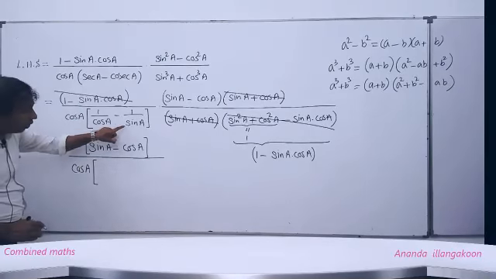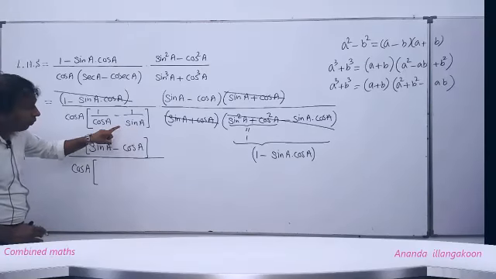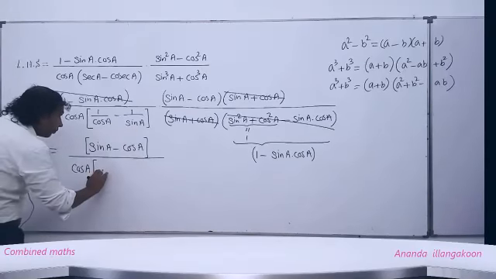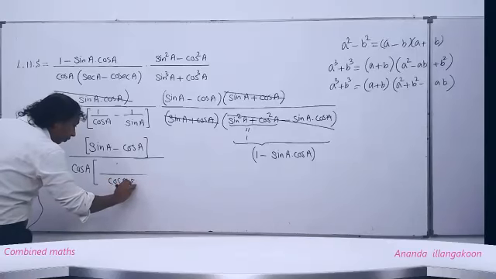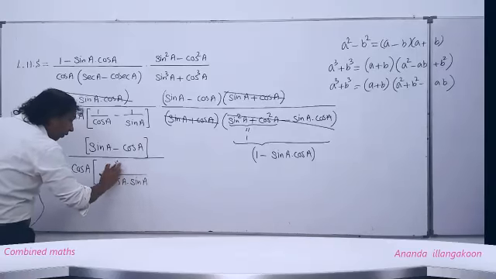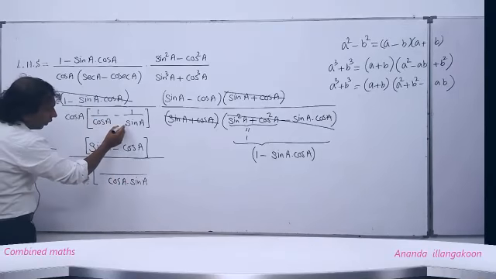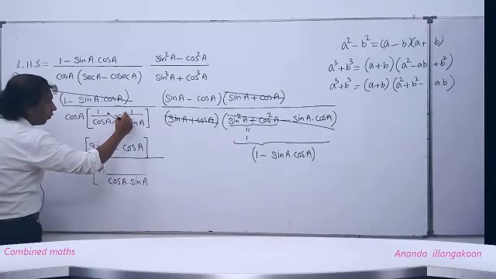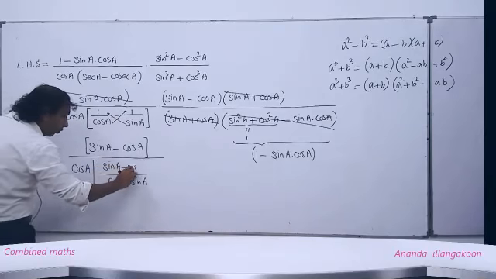Now take the common denominator as the product of this and this, cos A sin A. That is the product of these two. Then you can bring the sin A here, cos A here. Then there we get sin A minus cos A.